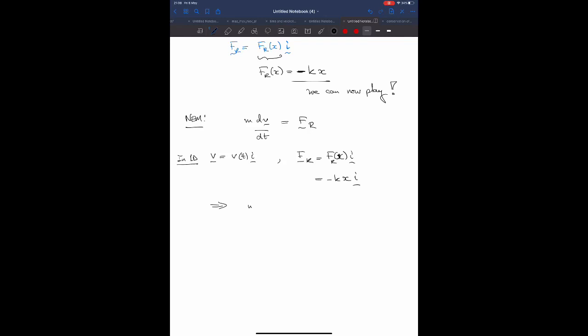So after substitution, multiplying on the left by i and on the right by i, the ODE describing the motion of the mass-spring system is m dv by dt equals minus kx. And remember that I used this last time, v equals dx by dt.